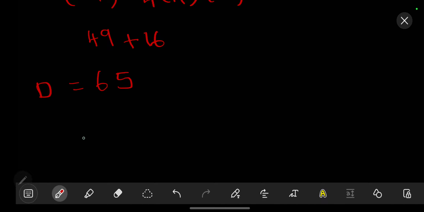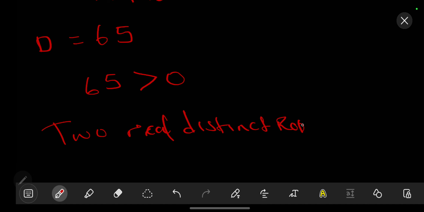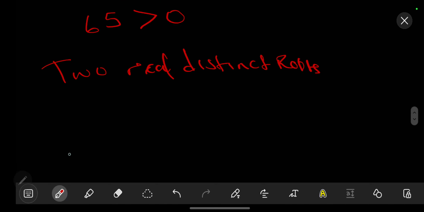Now if you see this value 65, you will realize it is greater than 0. As long as you have a number greater than 0, you will say two real distinct roots, meaning two real different roots. That means you have solved that one.